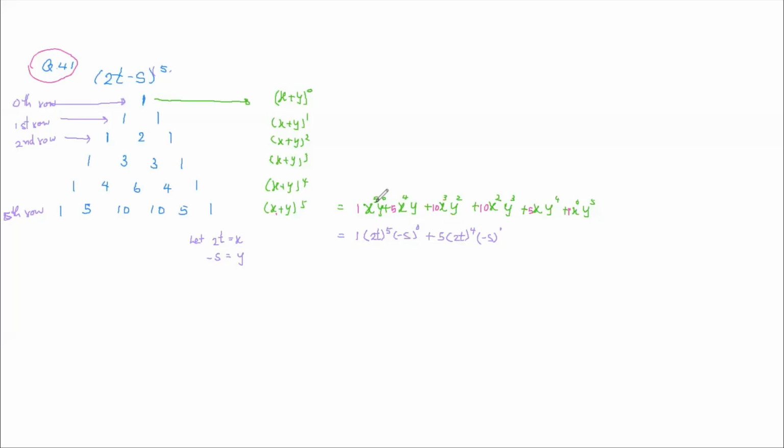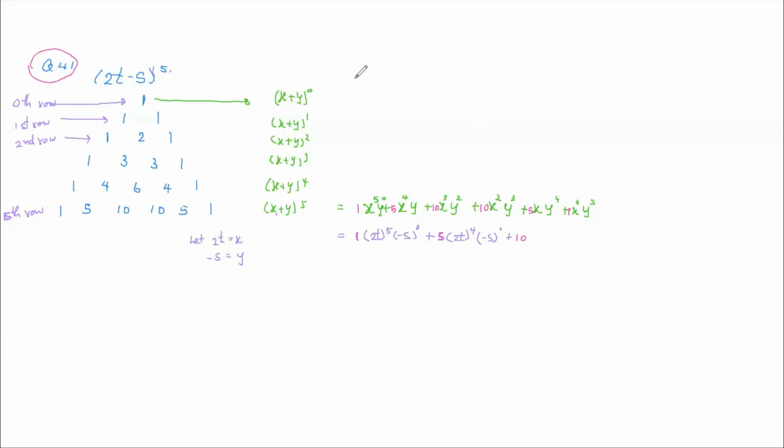Now the third term. This is the first term, second term, third term. So what is the third term? Plus 10, right? So you can see term by term, this is a 5, and this one is a 1.